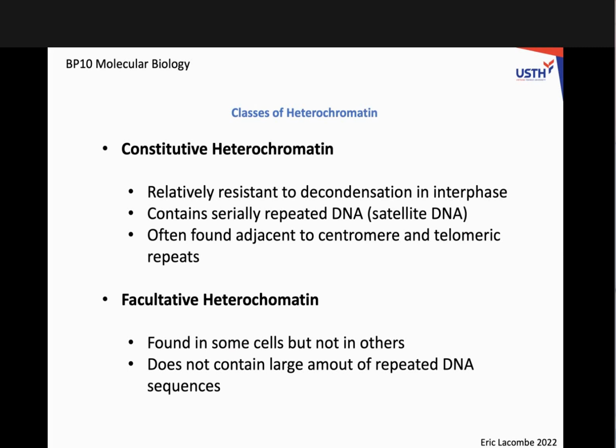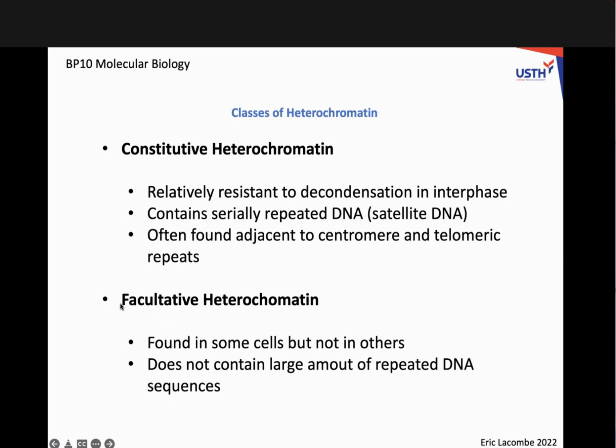So this constitutive heterochromatin is mainly produced in order to stabilize this repeated part of the genome that is highly unstable. Okay? And because this part of the genome is completely compact, transposon cannot jump. Not all the time. Sometimes one transposon jumps, but most of the transposons cannot jump when they are in a heterochromatin context. Okay?